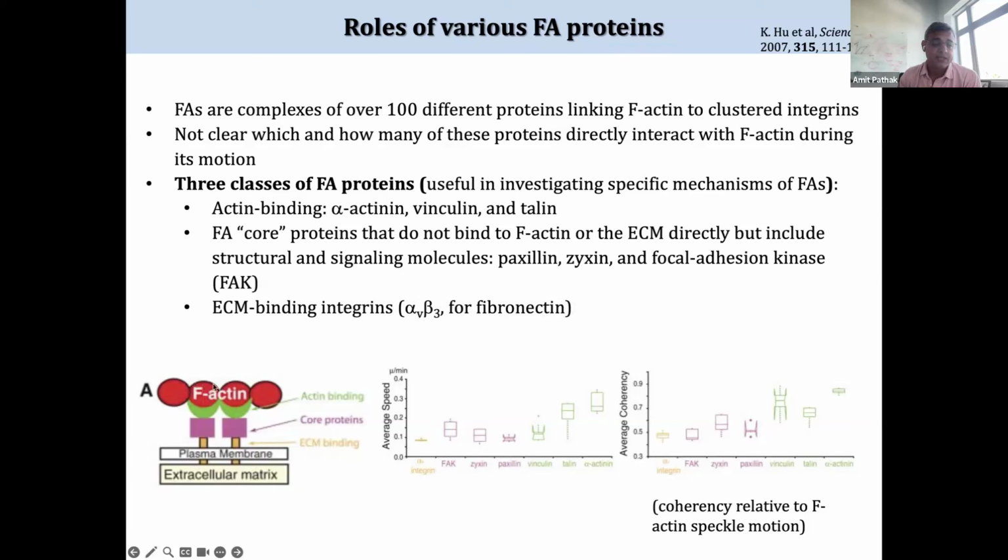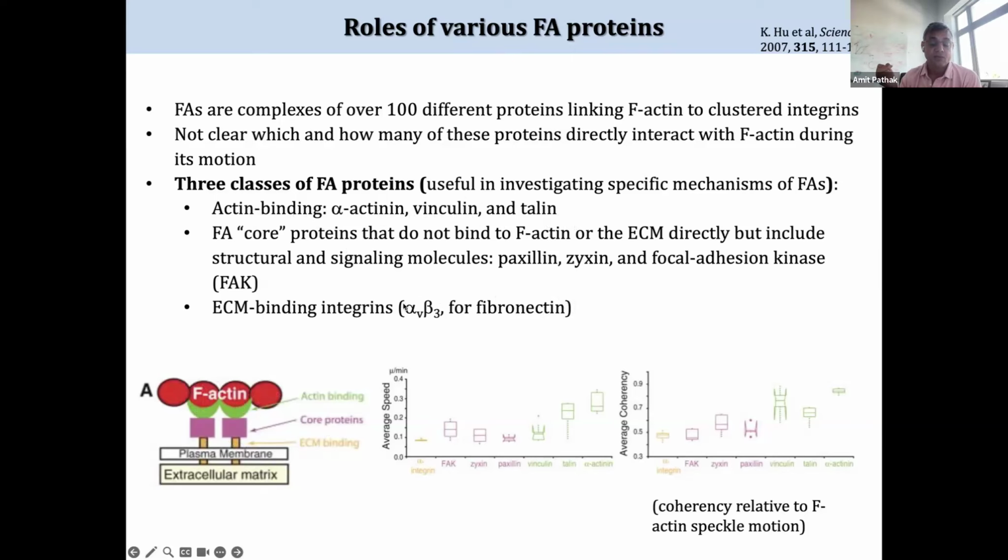Overall, there are three classes. One is the ECM binding proteins, then there are the core proteins, and then the actin binding proteins. If you're more interested in how the adhesions are related to actin dynamics, then you should be looking at alpha-actinin, vinculin, and talin. There are others as well, but these are the popular ones.